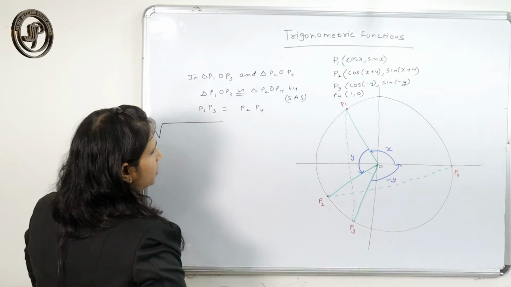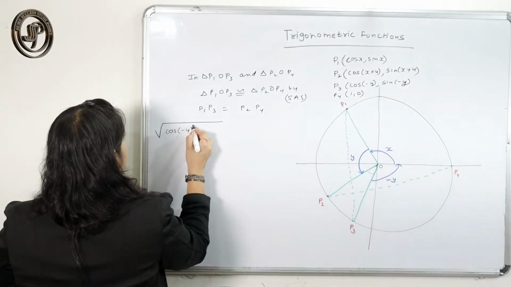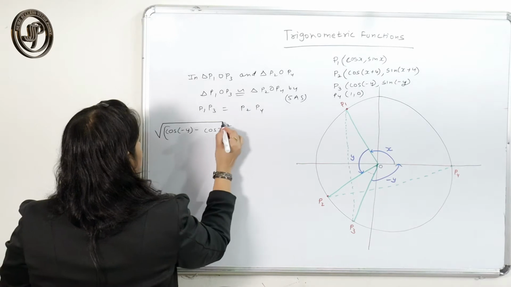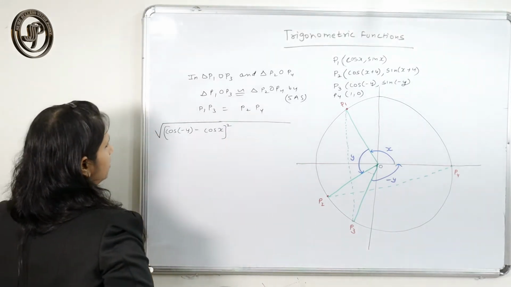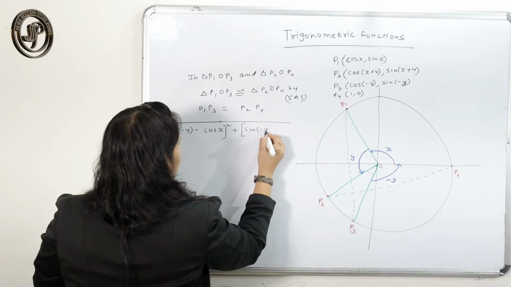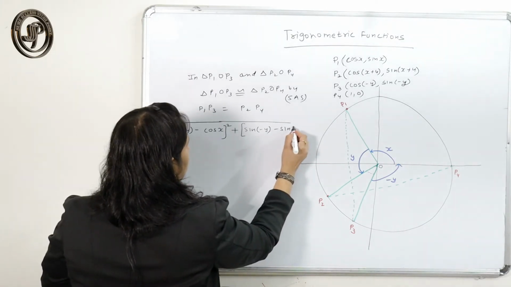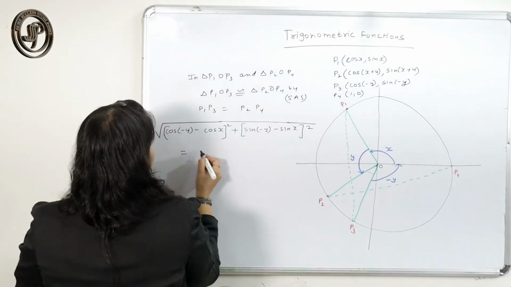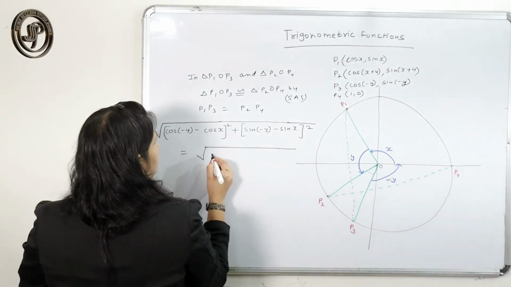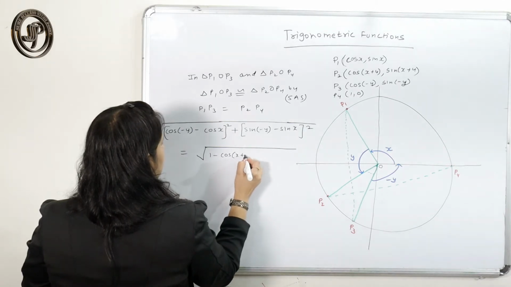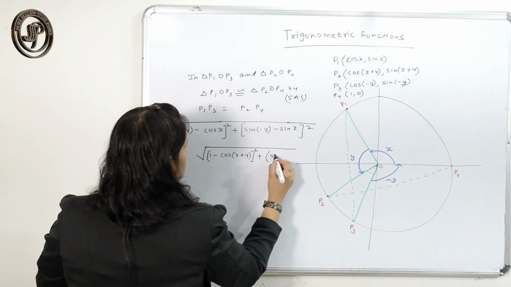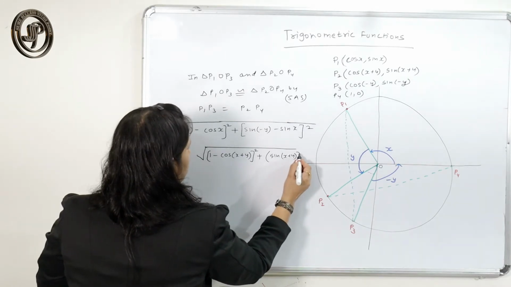What is the formula? Under root, (x2 minus x1) the whole square plus (y2 minus y1) the whole square, is equal to P2 P4, which will be under root, (1 minus cos(x plus y)) the whole square plus sin(x plus y) with minus sign, but the square of this will become positive.